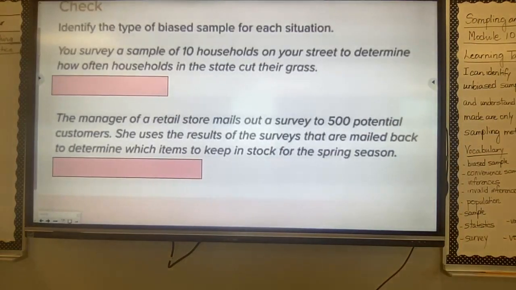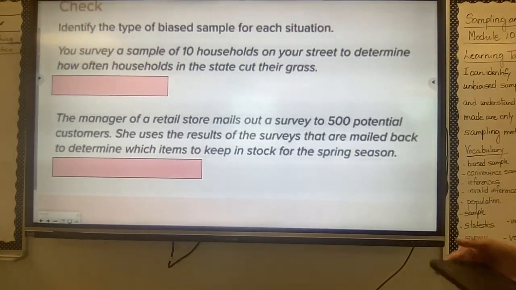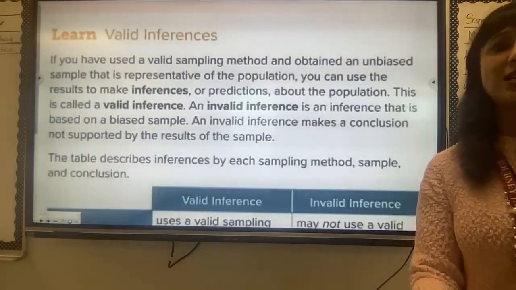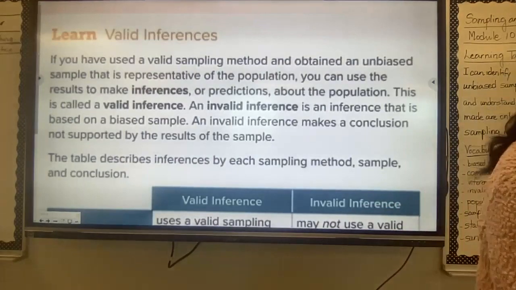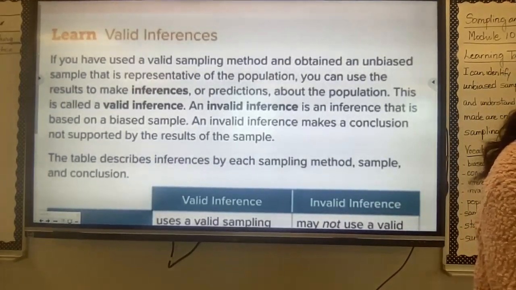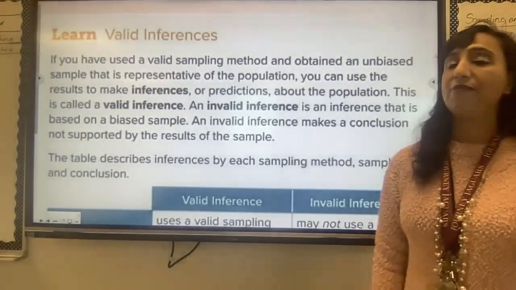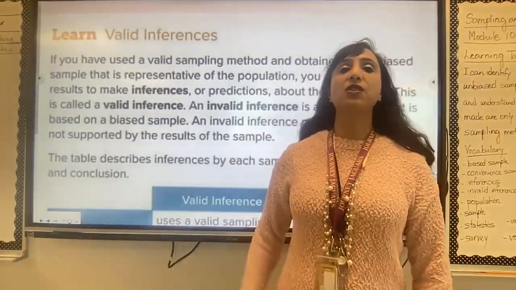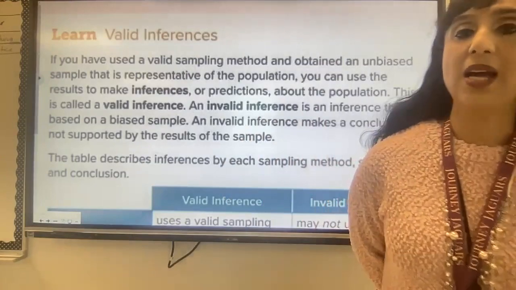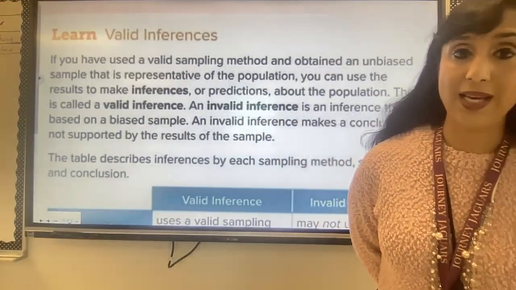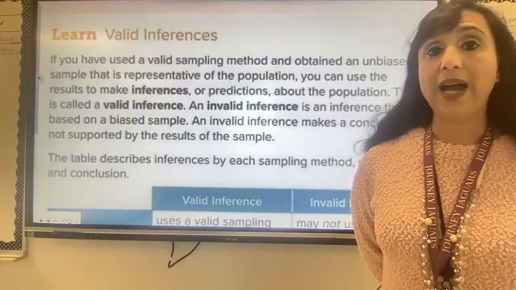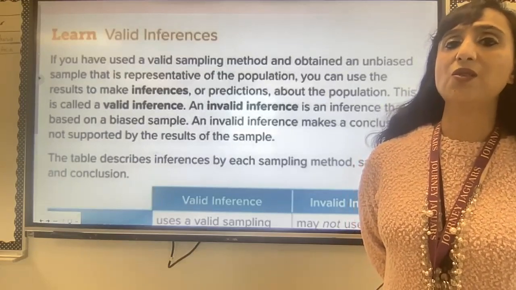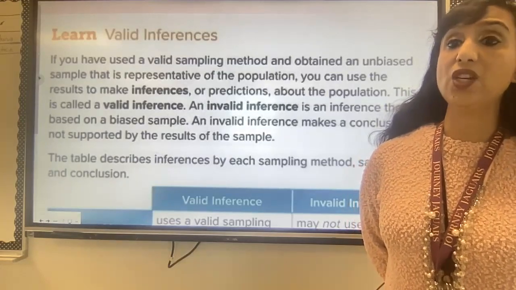Now, let's look at a few more vocabulary words. This entire lesson is basically a lot about vocabulary. Let's talk about what is a valid inference. If you have used a valid sampling method and obtained an unbiased sample that is representative of the population, you can use the results to make inferences or predictions.